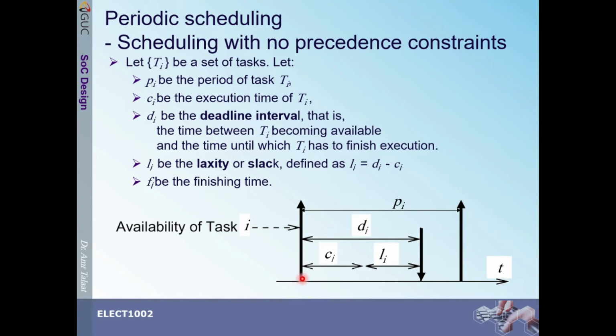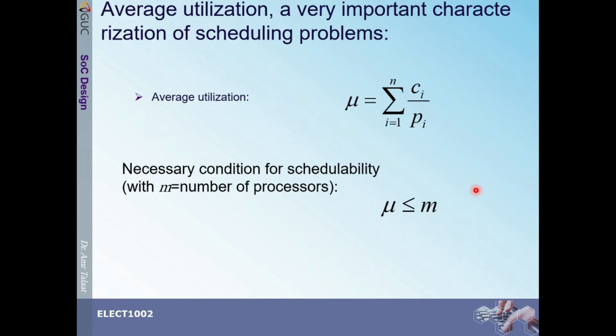This is calculated by the computational time divided by the whole period of each task. So if each task is going to be executed in 5/100, then it will be scheduled over one processor. If you have 10 tasks, but each task takes 12%, this is 120%, then your tasks are never schedulable.